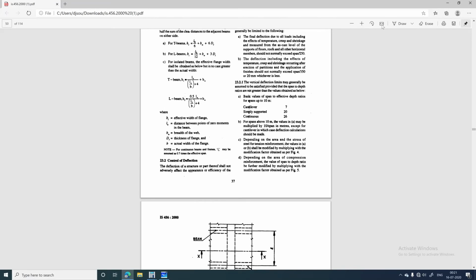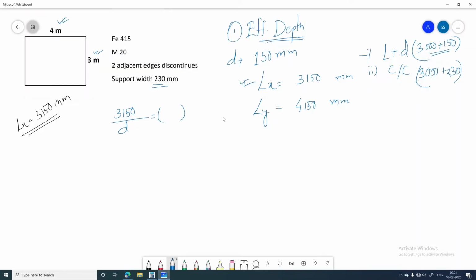Yes, now here you can see, for cantilever, simply supported and continuous spans up to 10 meters, the values given are 7, 20 and 26. These are the maximum values. You can consider less than whatever is given here. So we will consider the limiting value, that is 20, as this is a simply supported case.